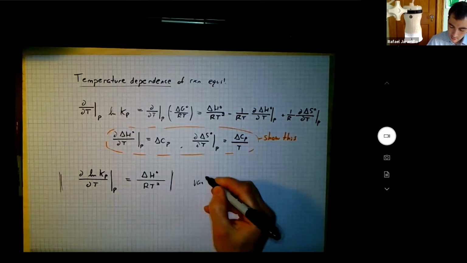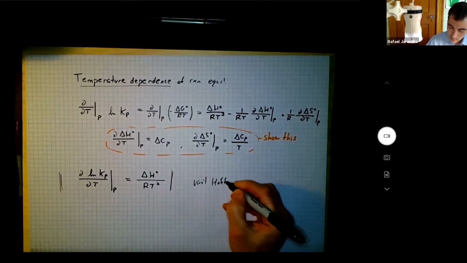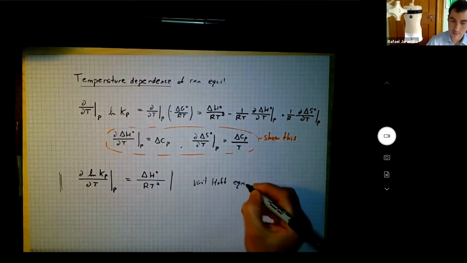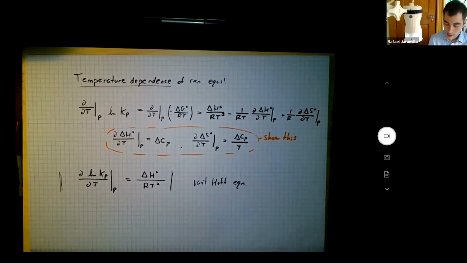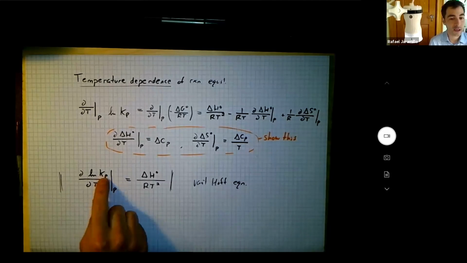This is called the van 't Hoff equation. Okay, you're going to use a form of this in the homework because you are implicitly asked to calculate how the reaction balance changes with temperature.